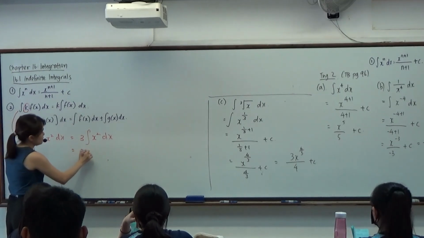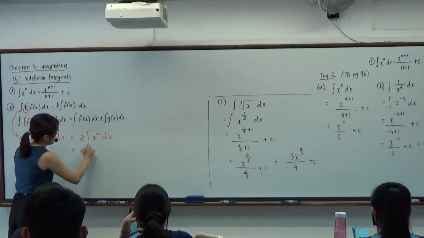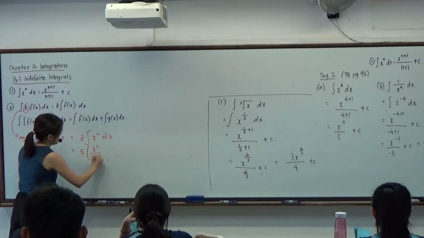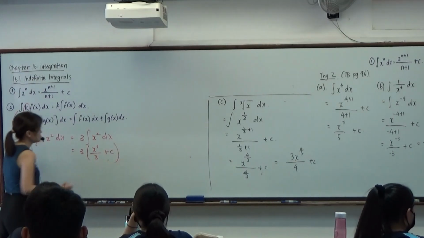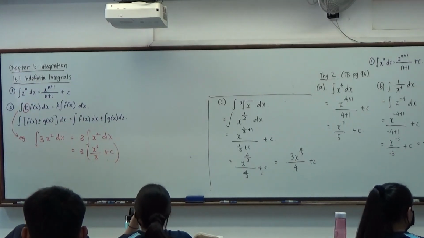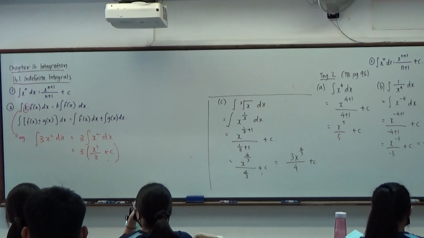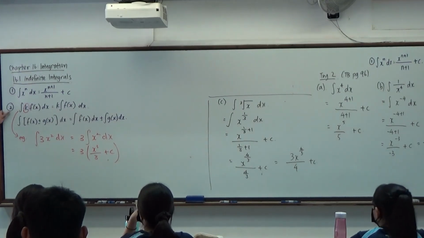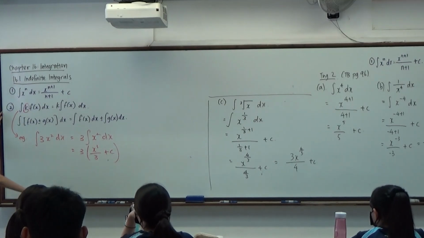Then we can apply our power rule here, to get 3x cubed over 3 plus c. So that is what the first property over here is trying to say.